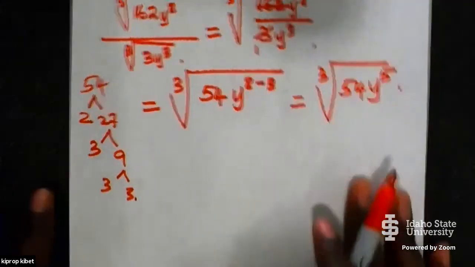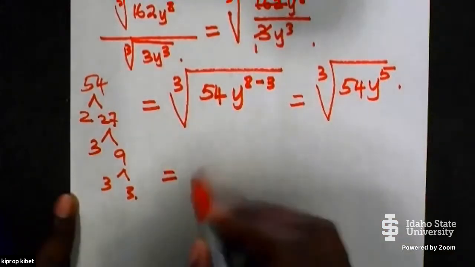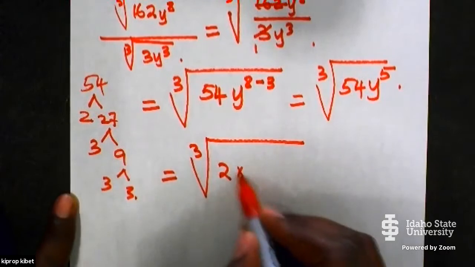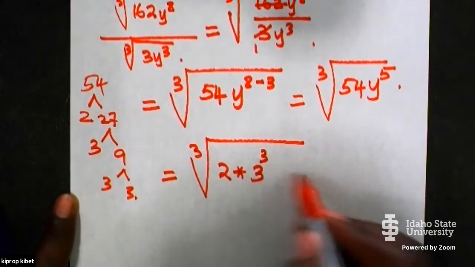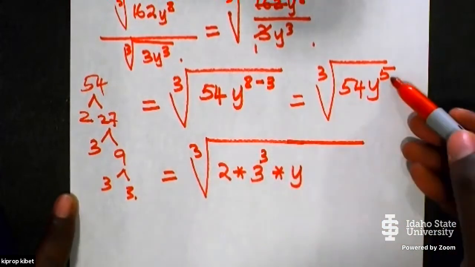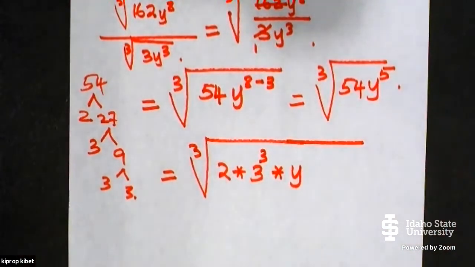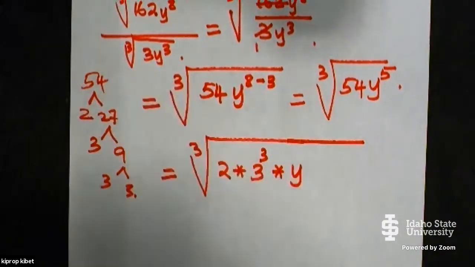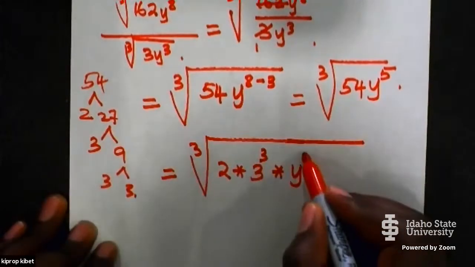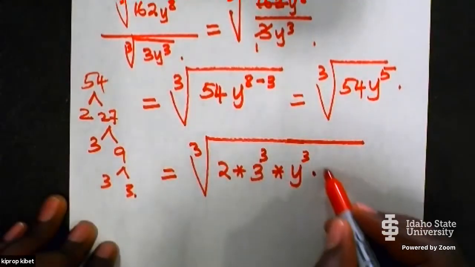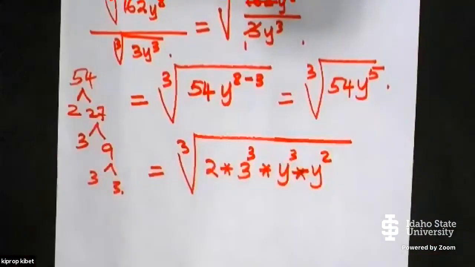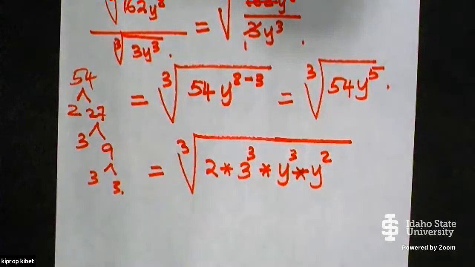So here you have now the cube root of 2, same as 3 raised to 3, same as y. So we can split this y raised to 5 so that we can get the one which can be divided by 3. So y raised to what? Y raised to 3, same as y raised to 2.